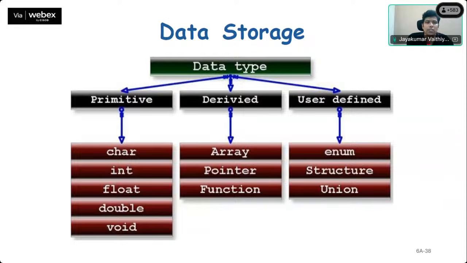Okay. So out of these primitives, we are able to derive your own data types. That is array, pointer, function. Okay. In the same way, if the user wants to specifically define some data type, they can go for enum, structure, union. So likewise, you have so much freedom to create your own data types in C. So C will give powerful data sets. Okay. So whatever problem you have, C will solve most of your problems in a much more convenient way.